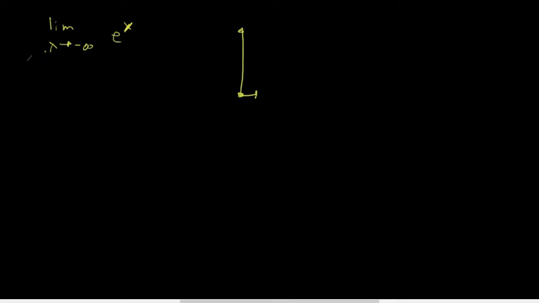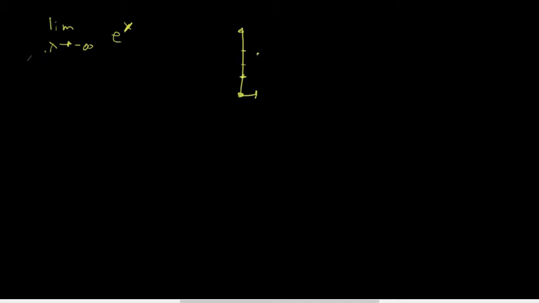Well, what's e to the 0? Well, e is about 2.718, and anything to the 0 is 1, so we know (0, 1) is on the graph. e to the 1 is just under 3.